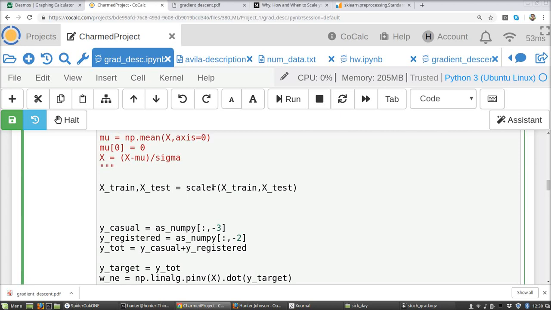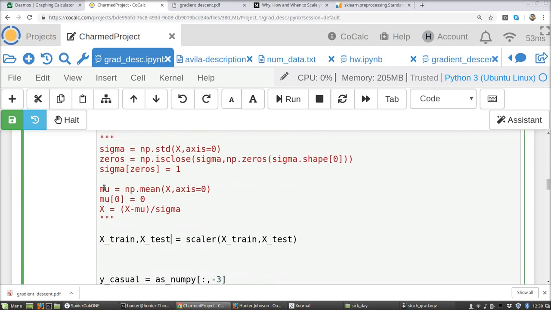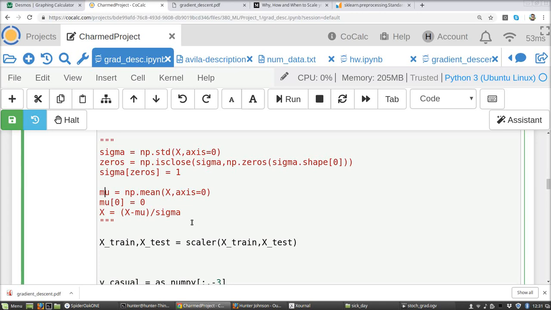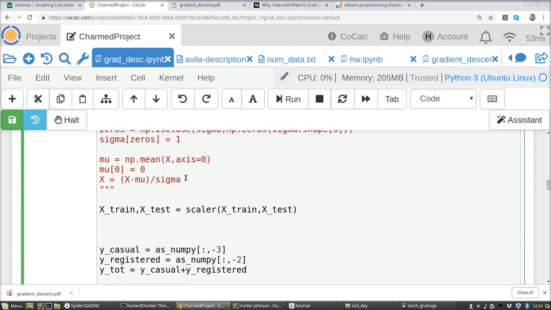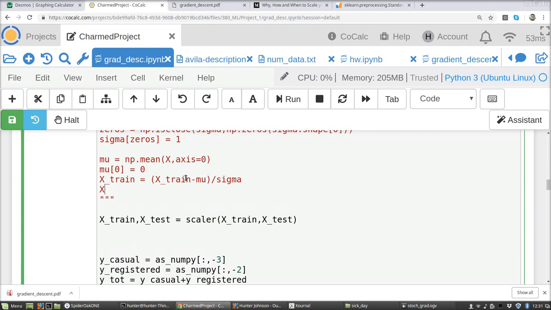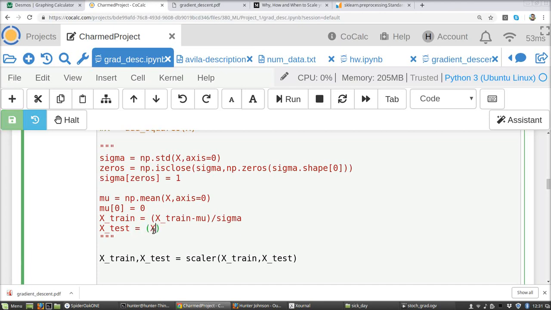So the way the scaler actually has to work is you get this value mu only from the training set, and you get this value sigma only from the training set. Then you apply this transformation to the training set, so here this would be xtrain. Then using the same mu and sigma that you got from the training set, you would also normalize or scale the test set. So it would be like this.